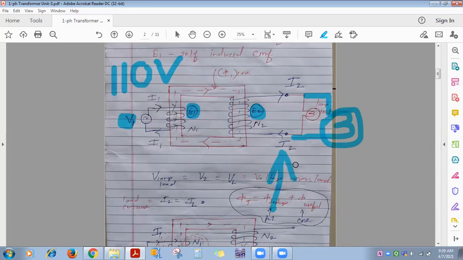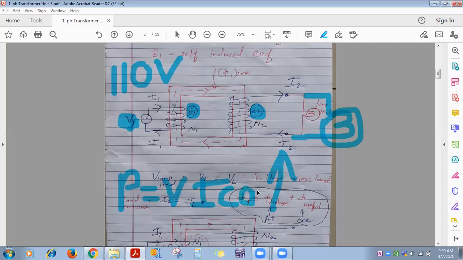So does increased load require more power or less power? More power, isn't it? So the transformer has to supply more power. But V1 is constant, E1 constant, E2 constant. If all voltages are constant, how will the transformer supply increased power to the increased load? The formula for power is V I cos phi.